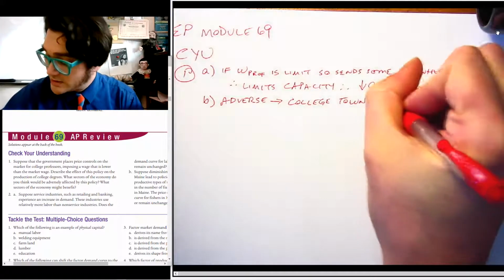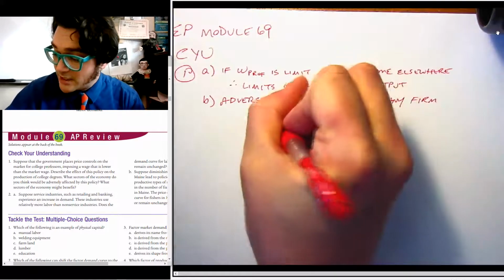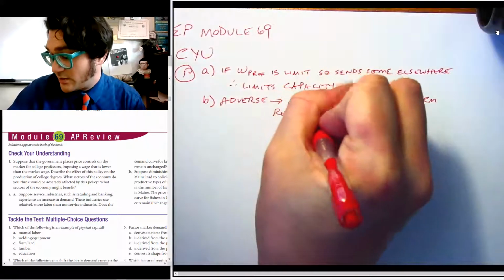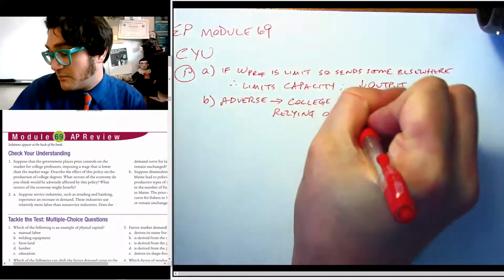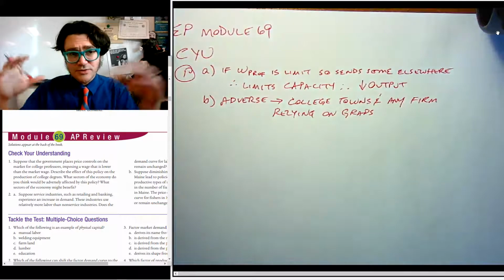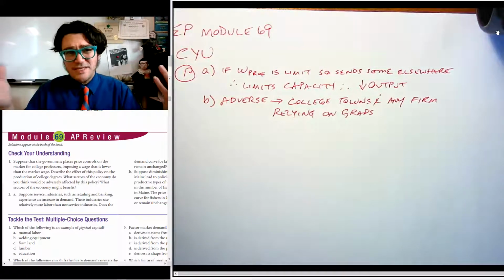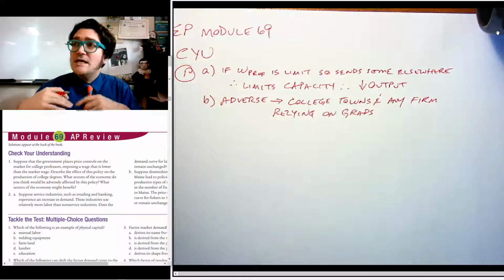We would also say any firm relying on college graduates, because if you want to hire a college graduate, now there are fewer of them, so they're more expensive and pricier to hire, and that would be bad.